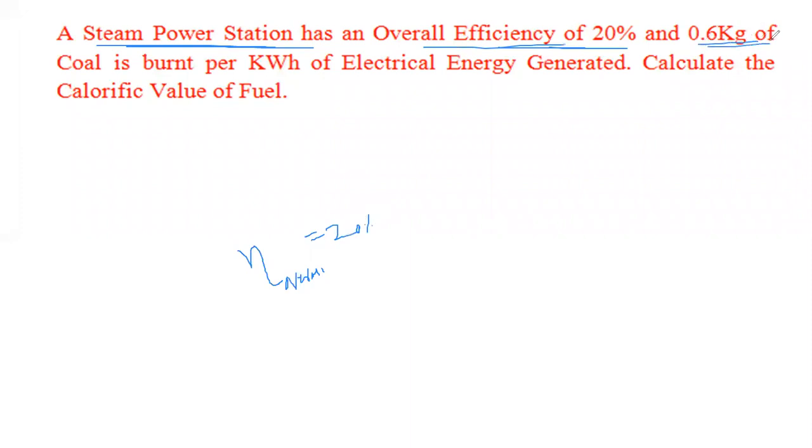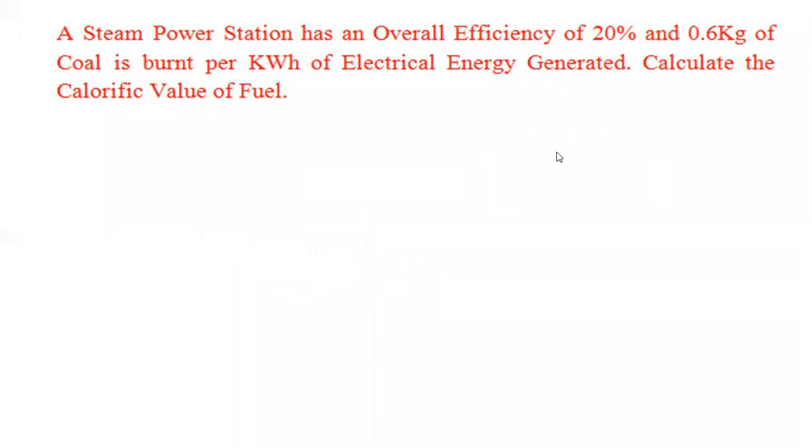And 0.6 kg of coal is burned per kilowatt hour of electrical energy generated. We generate 1 kilowatt hour of energy, so how much coal is utilized? 0.6 kg. Here we want to find out the calorific value of the fuel.